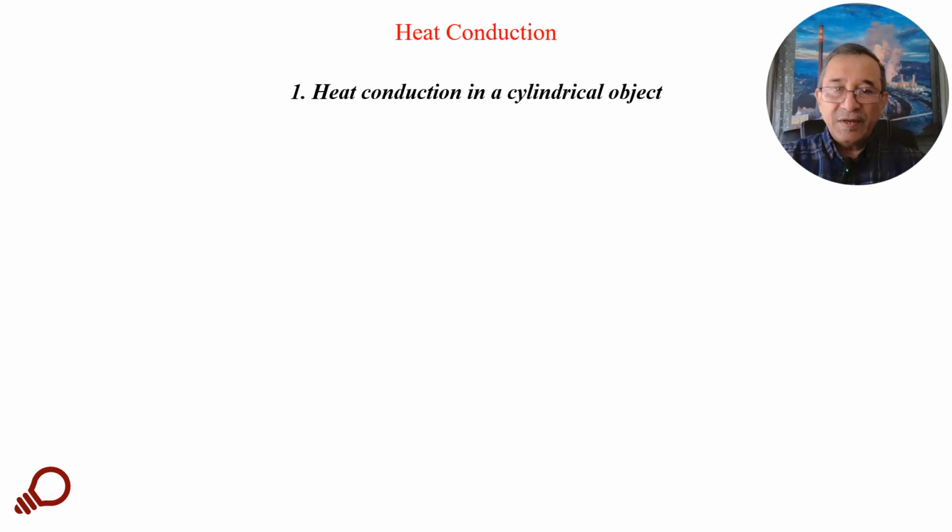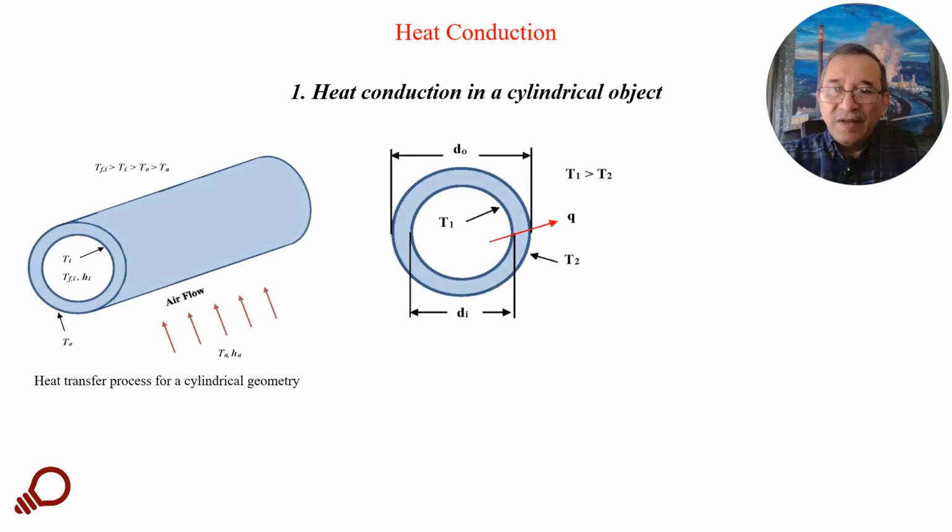In this part of the video, we are talking about heat conduction in a cylindrical object. As you see here is a pipe with its own dimensions, and it is exposed to airflow on the outside in effect for the convection part.